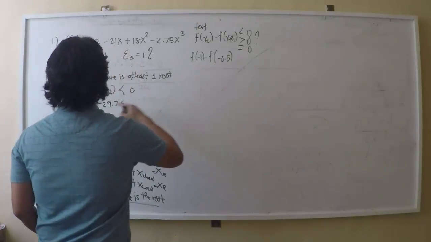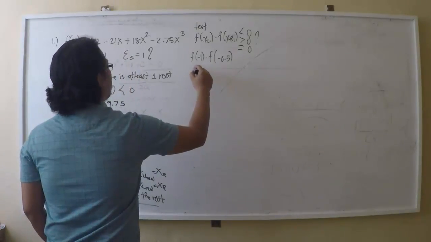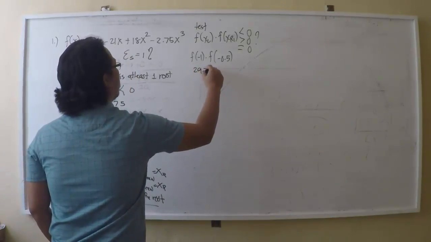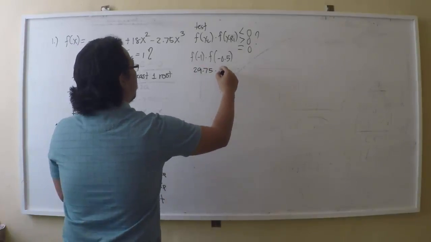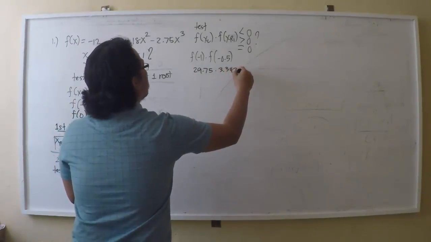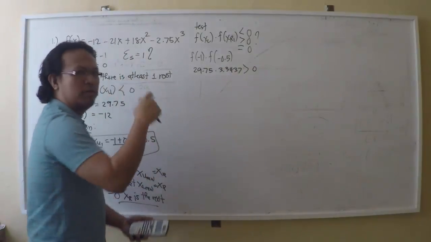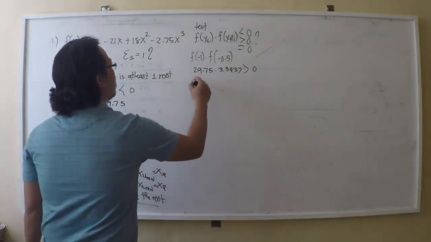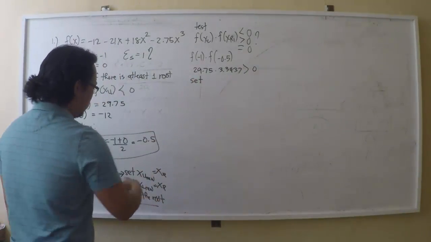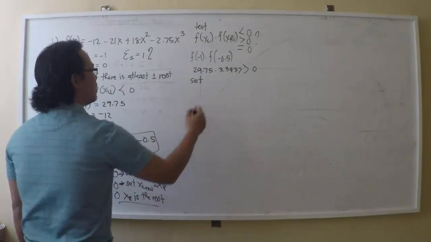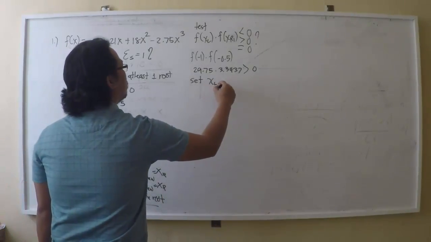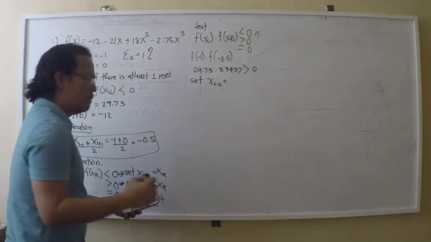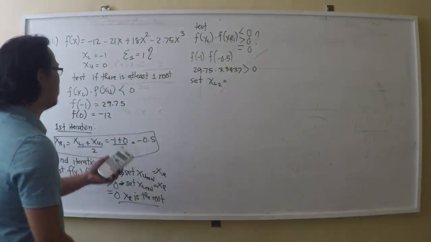So this is 29.75 times 3.3437, which is greater than 0. No need to know the value there. Therefore, since it is greater than 0, we set XL2 equal to XR1. XR1 now is really negative 0.5.